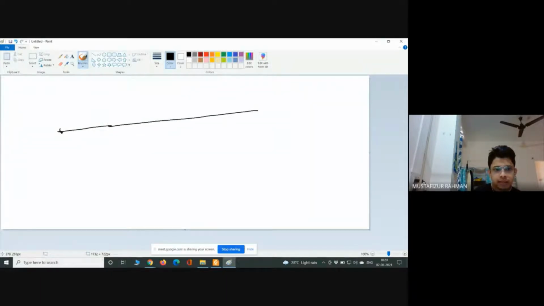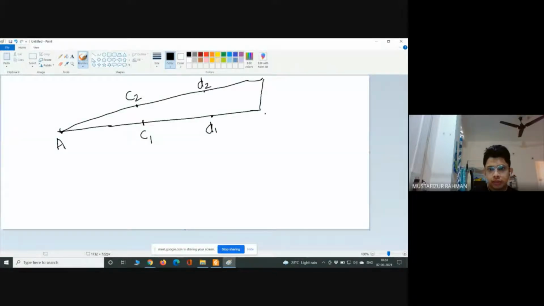It becomes like this. Here we have point A, here we have C1 point, here we have C2 point, here we have D1 point, here we have D2 point, here we have ground B point.